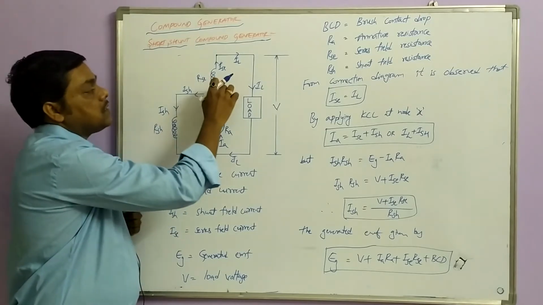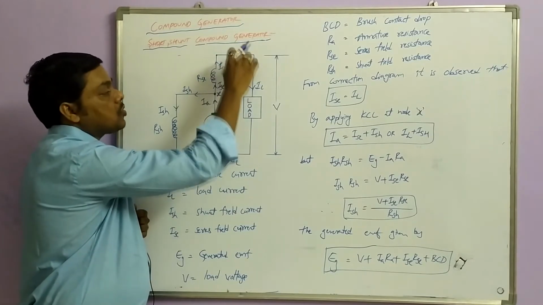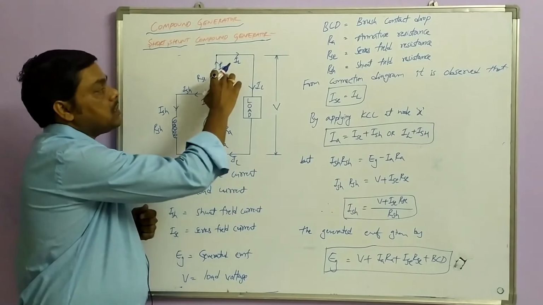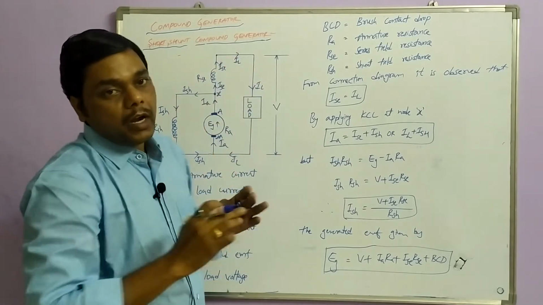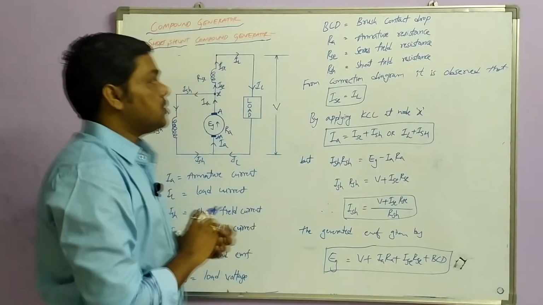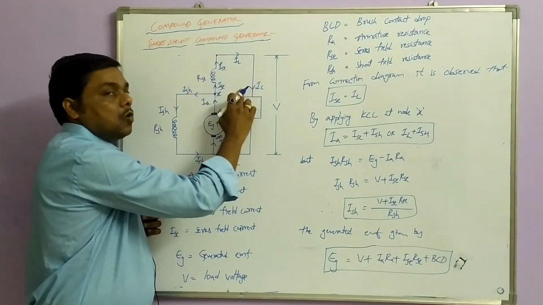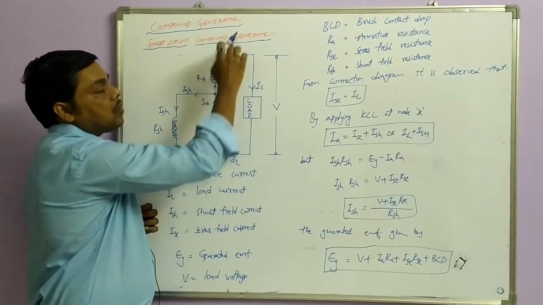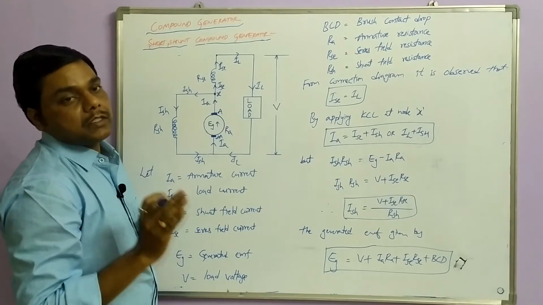But the series current flowing through the series winding also enters the load terminals. So what is meant by that? The same series current is flowing to the load, so series current and load current are both the same. You observe here, the current flowing through the series winding is the same as the load current, so ISC is equal to IL. There are no other parallel branches connected, so the current remains the same.